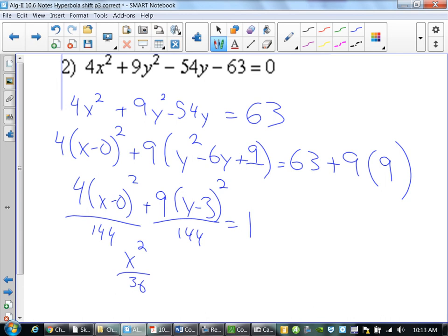Is that right? Yeah. And then just go from there. This is an ellipse because there's a plus between the terms and a squared and b squared are different.